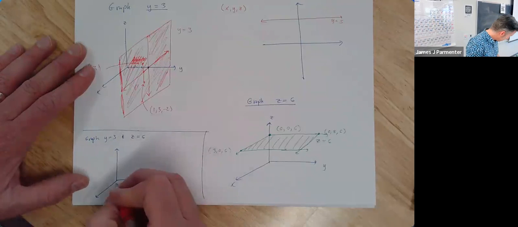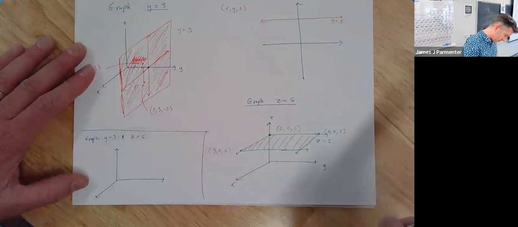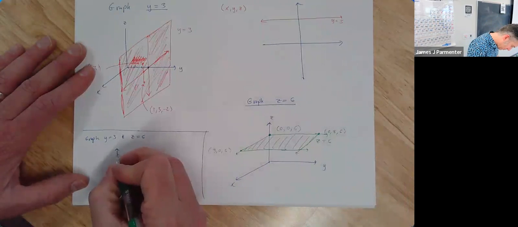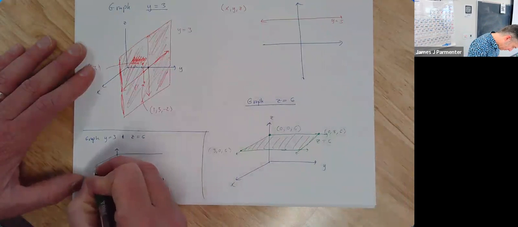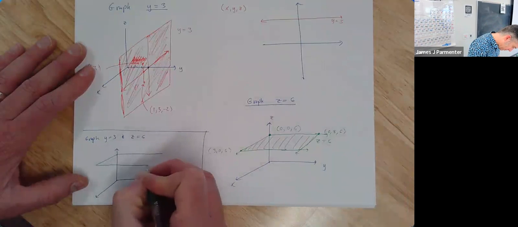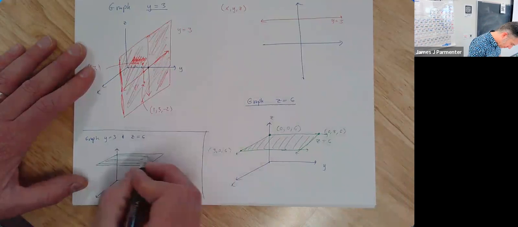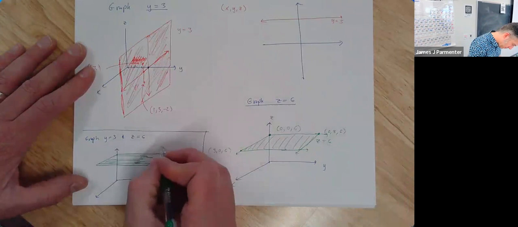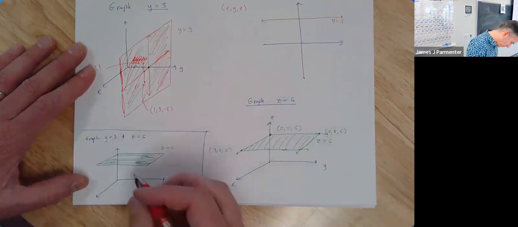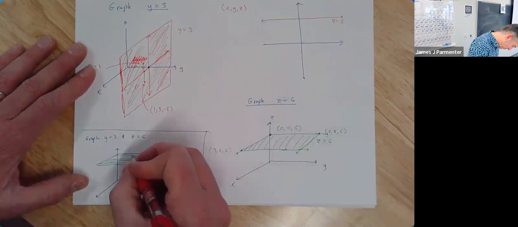So yeah, let's try it. Let's draw the z one first. Here's my z equals 6 plane. And here's my 3.